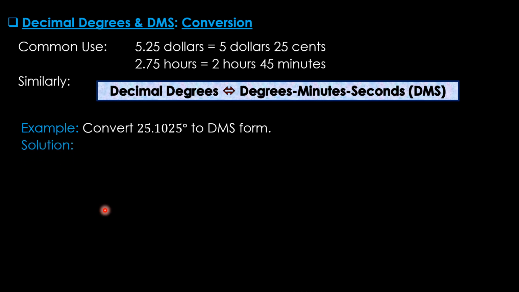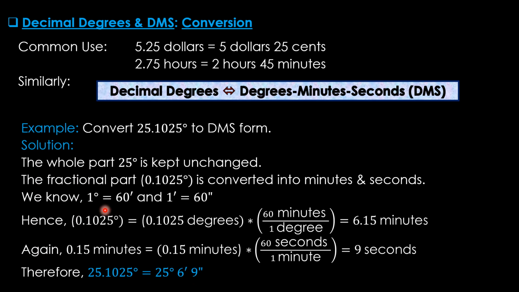Let us solve this. The whole part, 25 degrees, is kept unchanged here. In 25.1025 degrees, 25 degrees is kept unchanged as it is the whole part, but the fractional part, 0.1025 degree, is converted into minutes and seconds.